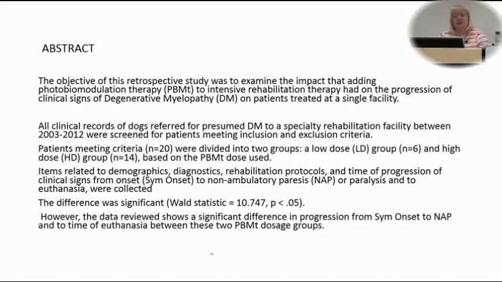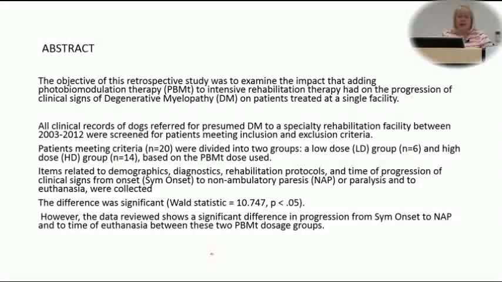And so she looked at the time of progression of the clinical signs of onset. So the symptoms at onset to the time of non-ambulatory paresis or paralysis and euthanasia. So she had that information. She correlated all of that information. The difference between the low-dose laser and high-dose laser was significant.